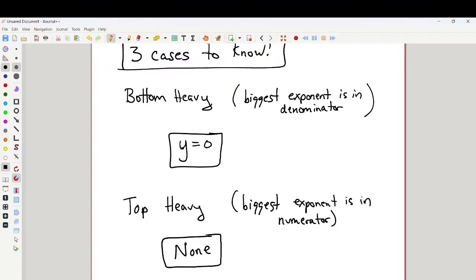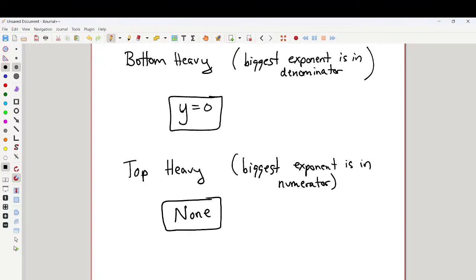Top of this set of notes says 3 cases to know. You have the highest exponent on the bottom. The highest exponent could be on the top. What's the third case then? Oh, if they're the same, what if there's a tie?